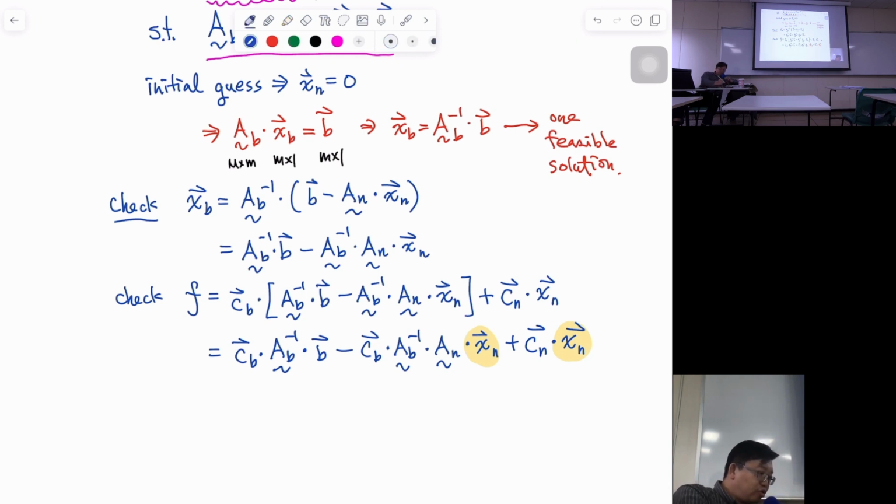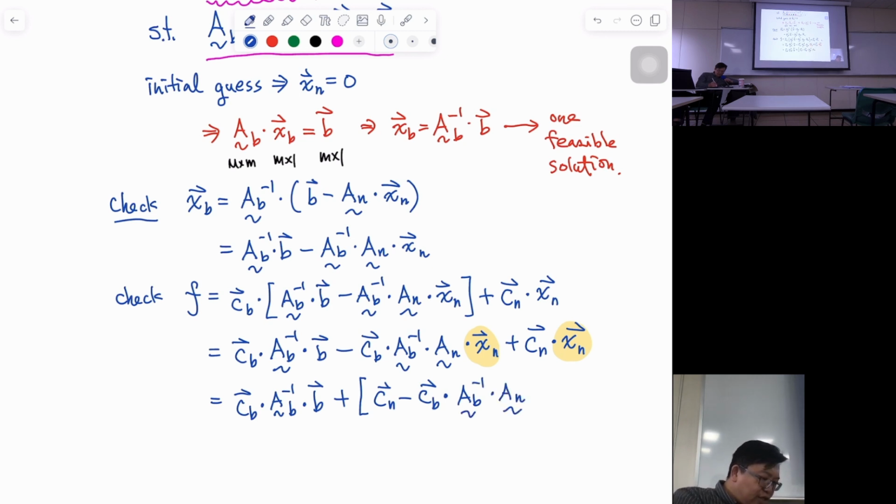So CB AB inverse b, and here I would like to start with plus, and over here it's going to be CN minus CB dot product AB inverse dot product AN, and the whole thing dot product with xN. We're just combining the coefficient in the front.